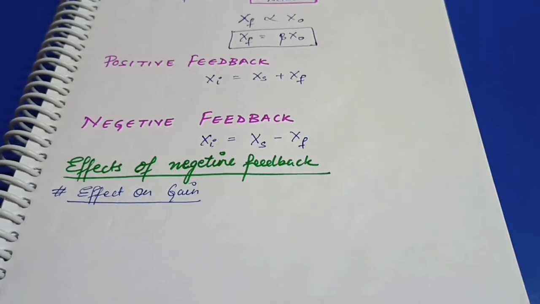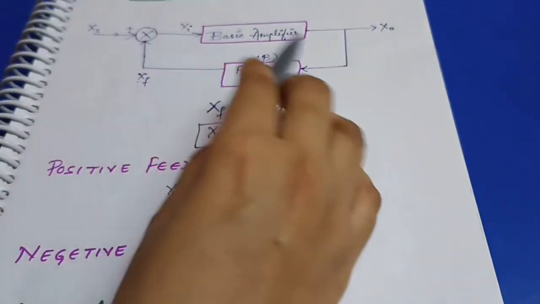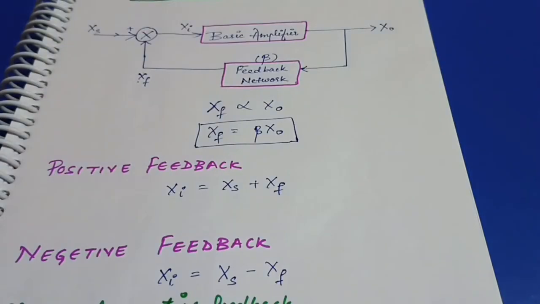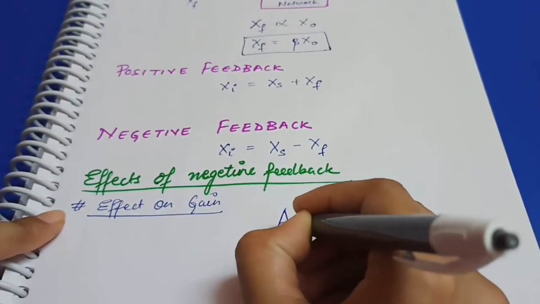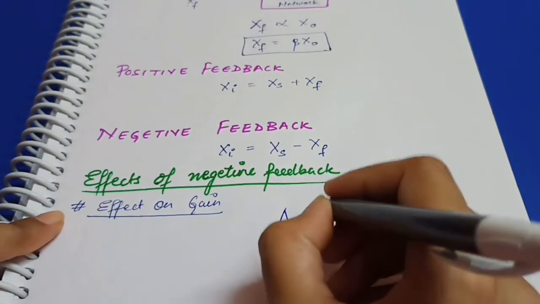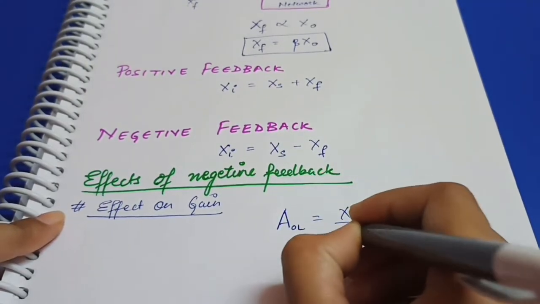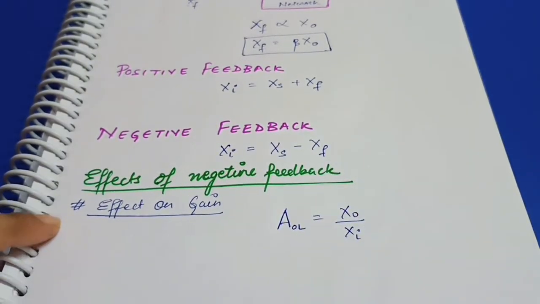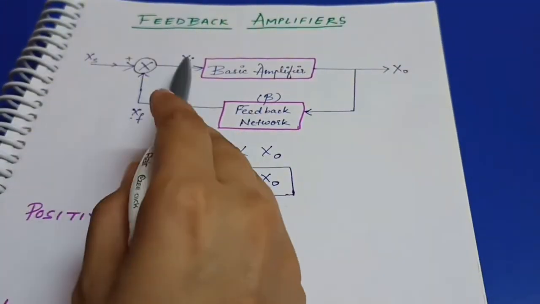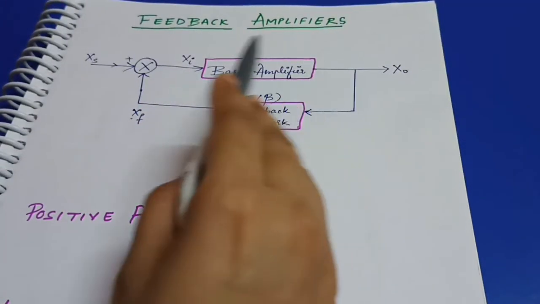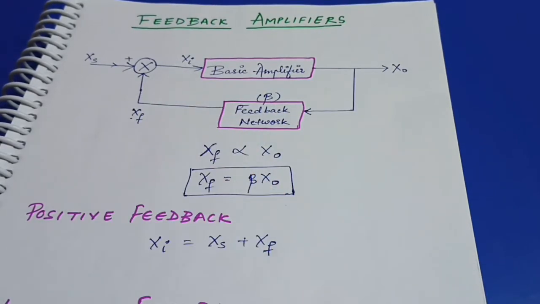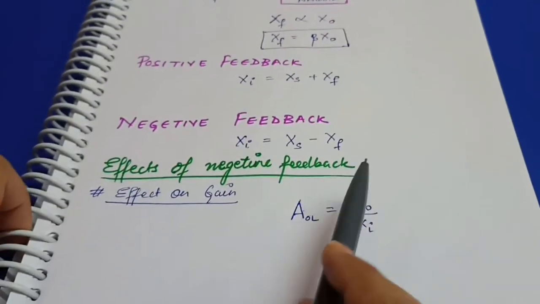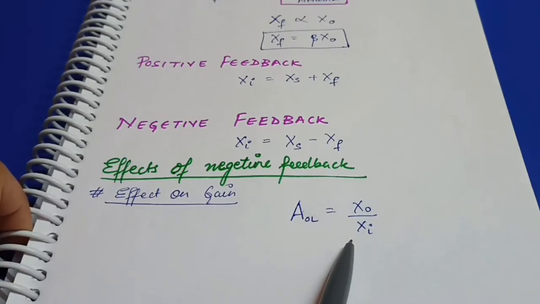The open loop gain, which is the gain of the basic amplifier, let's take it as AOL, is X0 by Xi. Here you can see that the gain is basically output by input, where output is X0 and input is Xi. So it is simply X0 by Xi.